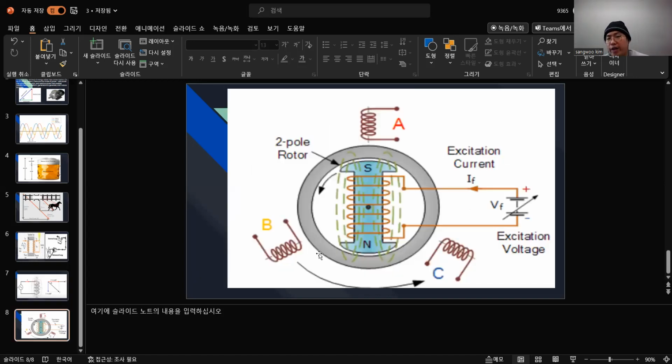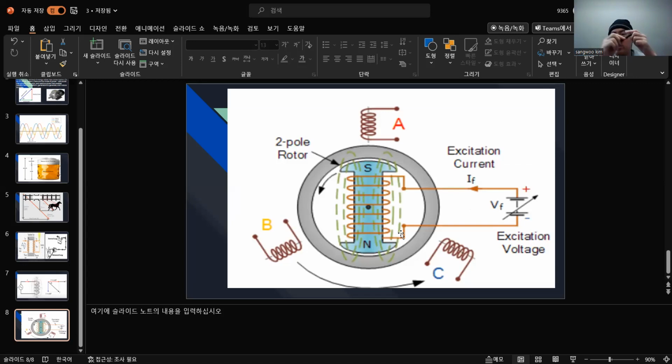So later we will learn about the generator part. Look at this. For the generator, you can see the black dot. For example, think of a stick, a prime mover, from this dot connected to this bar, right?